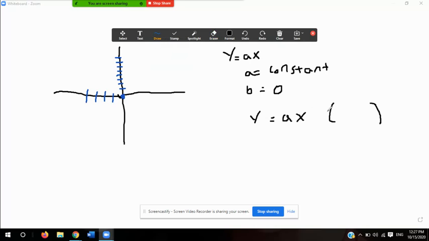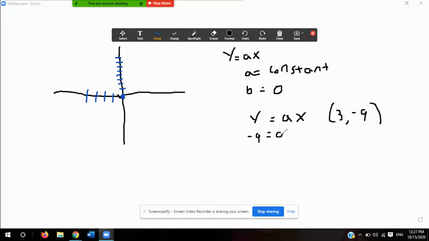So if you have 3 and negative 9, the first thing you want to do is find the a, and then we can focus on the graph. So 9 is y, so that would be negative 9. We could graph that ordered pair and then find the constant. It really doesn't make a difference. So for this one, I'm just going to find the constant first, and then I'll graph.